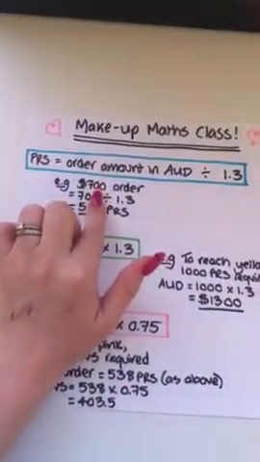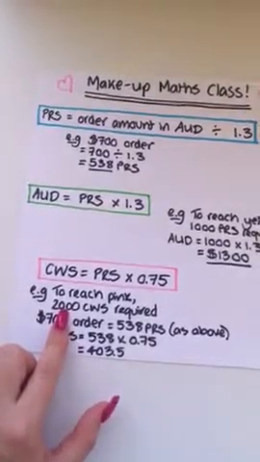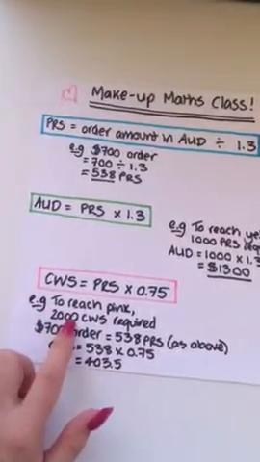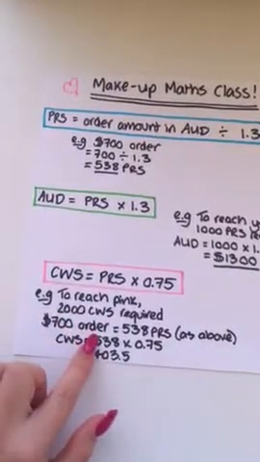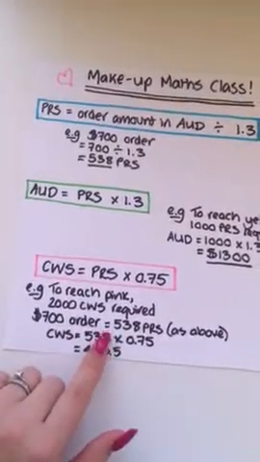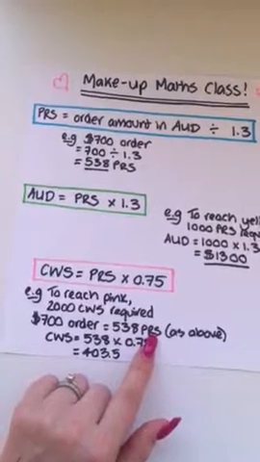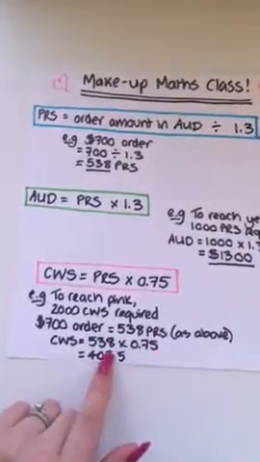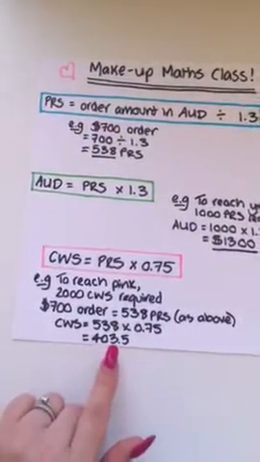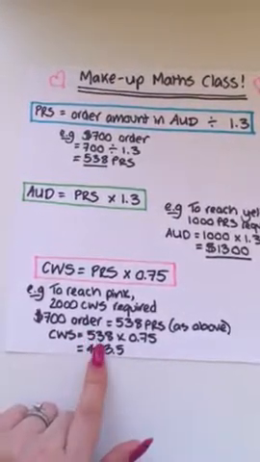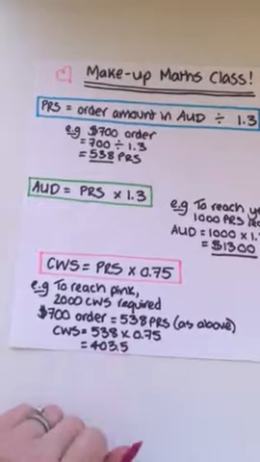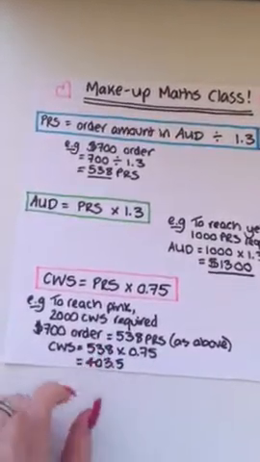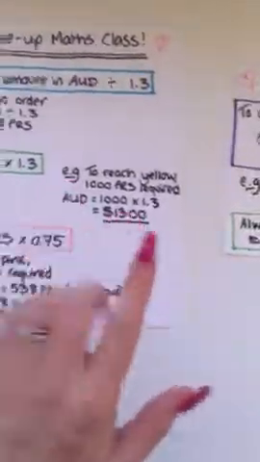If you've got a $700 order and you want to reach pink status, which you need 2,000 in company sales for, your $700 order is 538 PRS, multiplied by 0.75, and that shows you what you've contributed towards that 2,000. So a $700 order will be $403.50 in company sales. Now I'll explain more about that in a second.